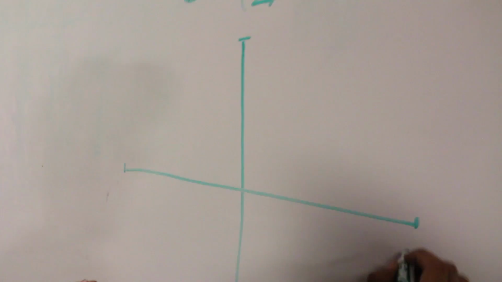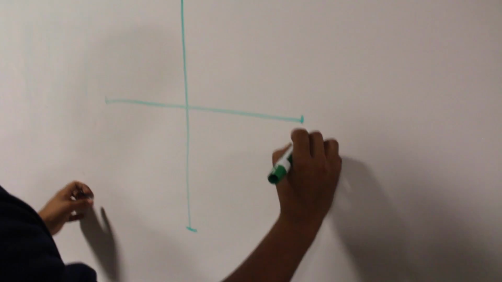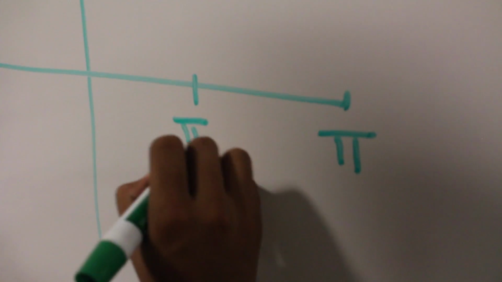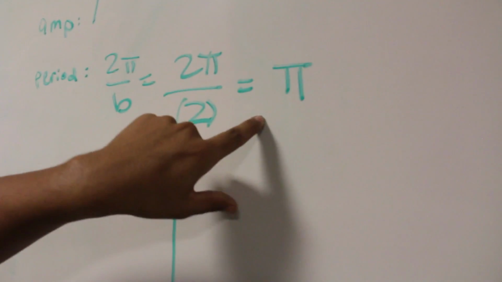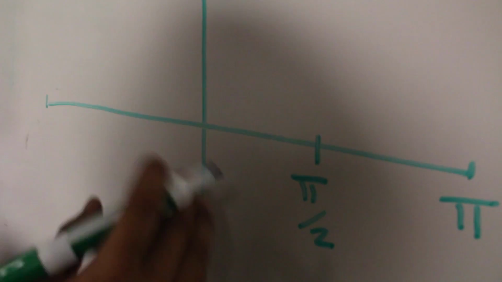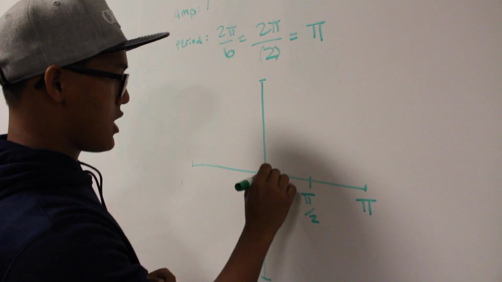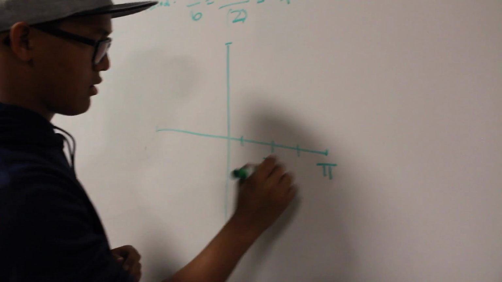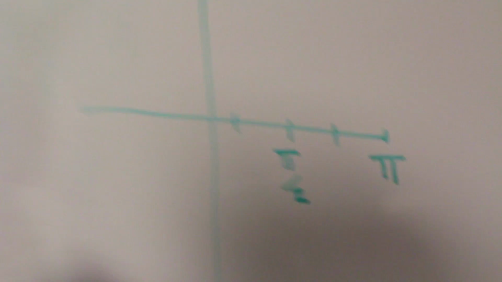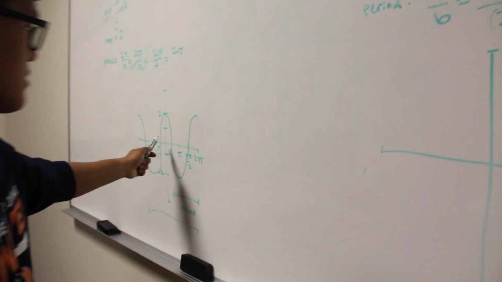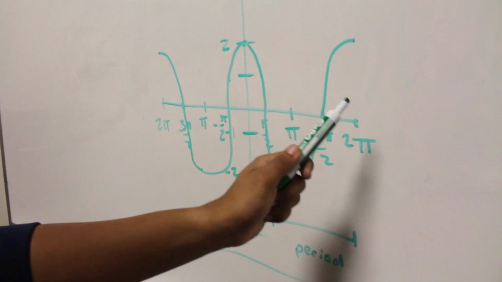Now, the limit is pi, and the half is pi over 2. Since the period is now pi, the cosine graph is going to shrink, so that means it's going to hit the x-intercepts every quarter. That's the same thing over here. It hits every quarter. So, moving on.